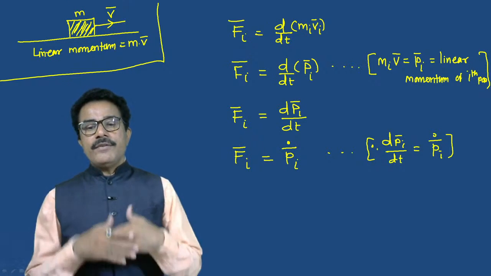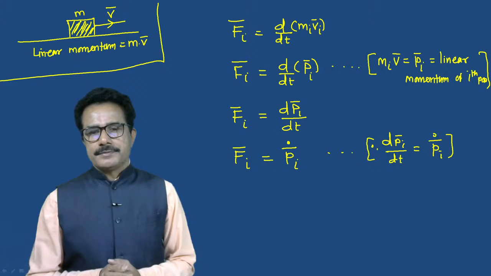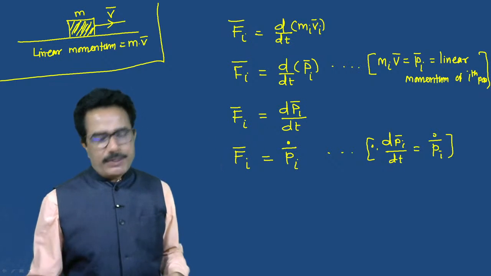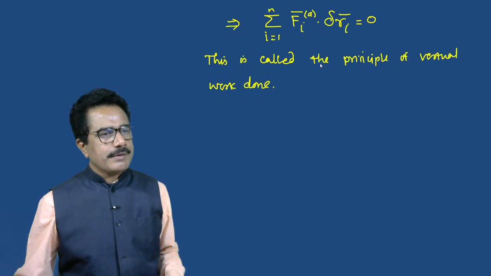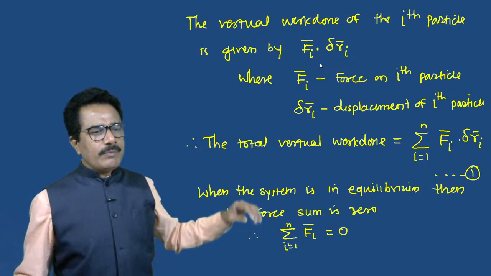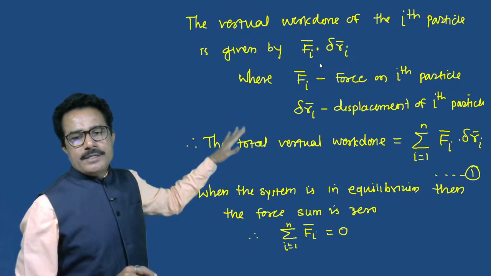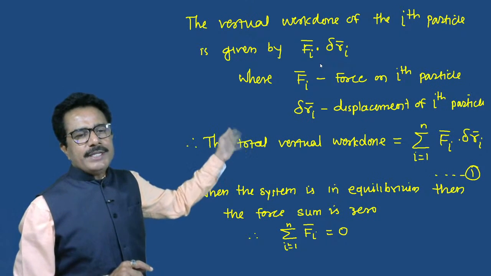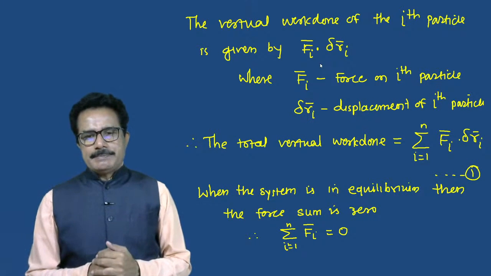Now by the virtual work done, or from equation 1 here, what is the formula for the virtual work done? Summation of capital Fi into delta Ri bar.